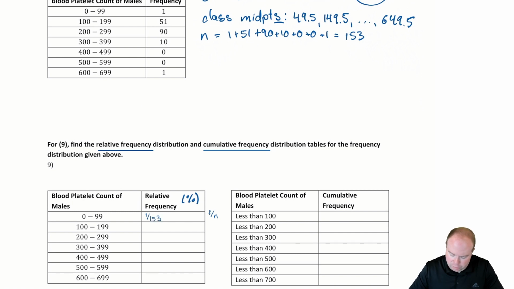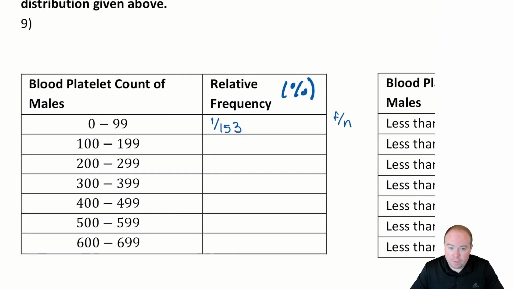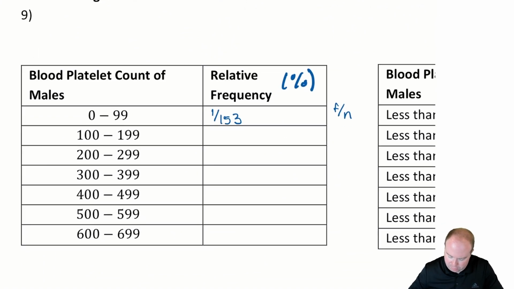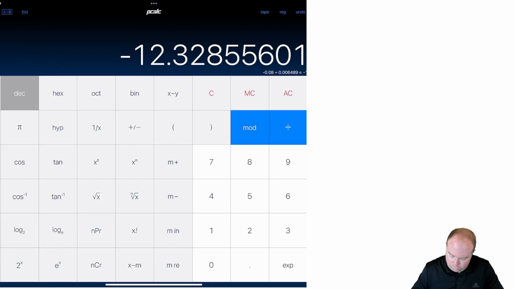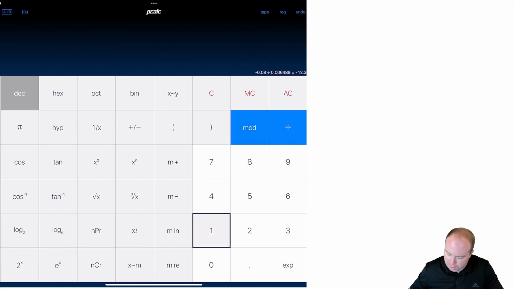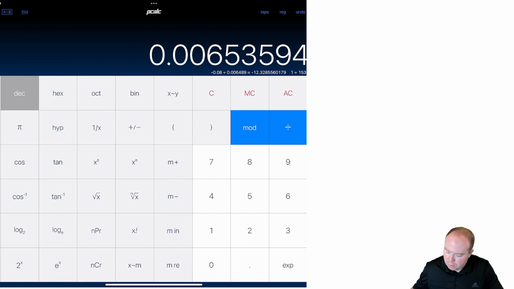Let me pull up a calculator. 1 divided by 153 is 0.0065. Now, careful, that is not the percent, that's the decimal.